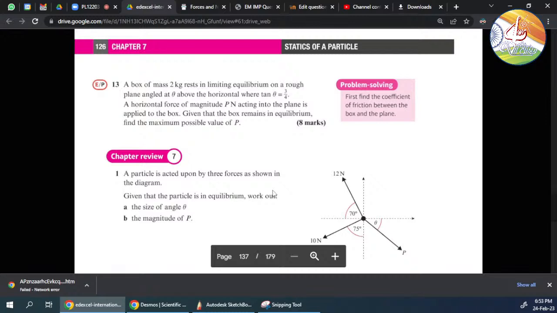Rest in limiting equilibrium. Oh, okay. So within the first sentence he is giving: limiting equilibrium on a rough plane inclined at theta to the horizontal, with a horizontal force P acting on the block.